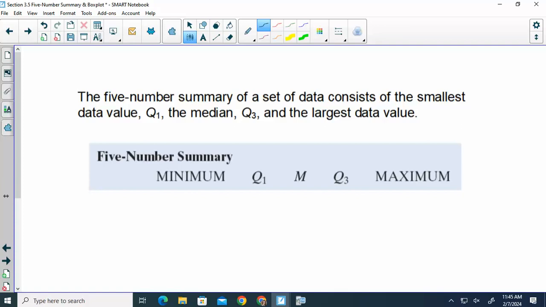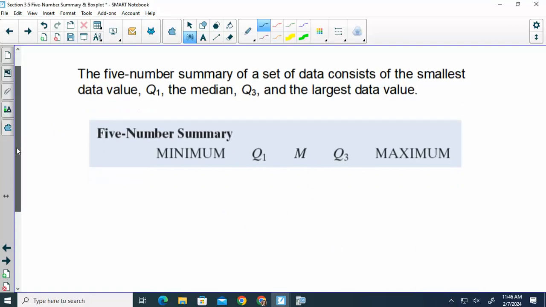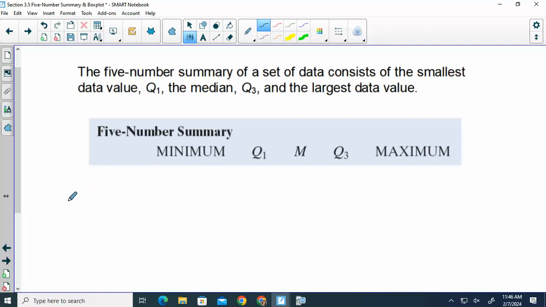All things that we have found, quartiles in the last section. We use these 5 numbers to draw a box and whisker plot.